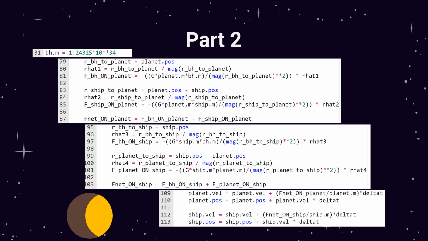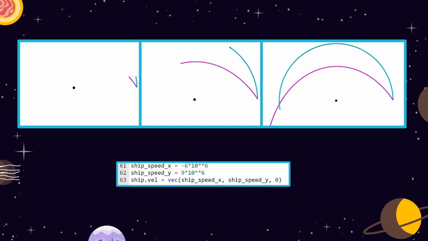And then we can use the velocity update and position update for the planet and the ship to track their trajectories in the model. Here's some screenshots from my model, and I found that this speed in the x and y component for the ship was best to get close to the black hole without getting sucked in or crashing into the planet.